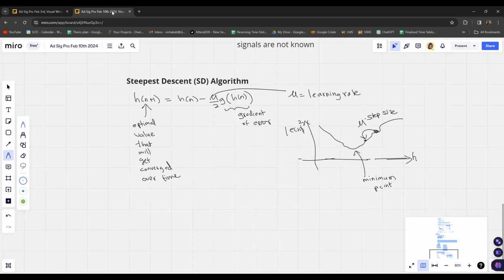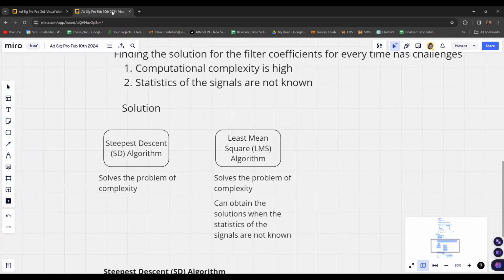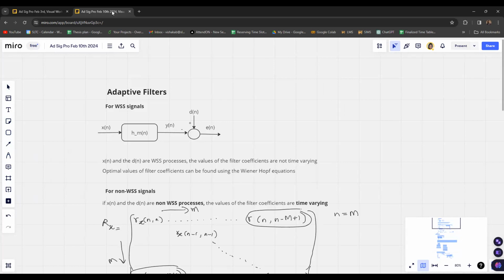I hope that this figure is in your mind in that situation. So the filter that we are trying to optimize is this one. We do the calculations using the SD algorithm, and we input that into this filter. So we update the filter coefficients in here using this SD algorithm.